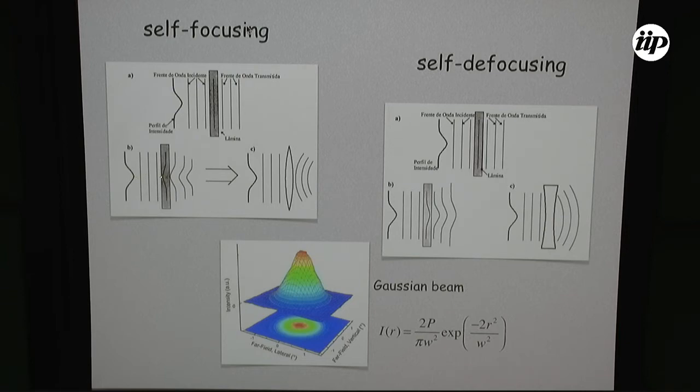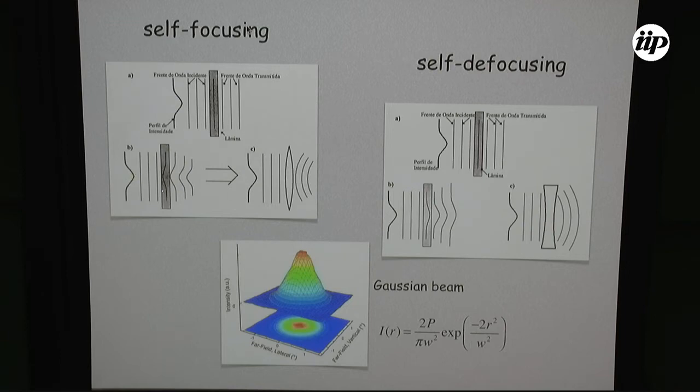Imagine that the velocity of light in the hotter part of the sample is different from that in the colder part of the sample. You have this deformation of the wave fronts, which looks like a convergent lens. This is named a self-focusing effect. So this can happen for whatever sample you have, depending on the intensity of your beam.